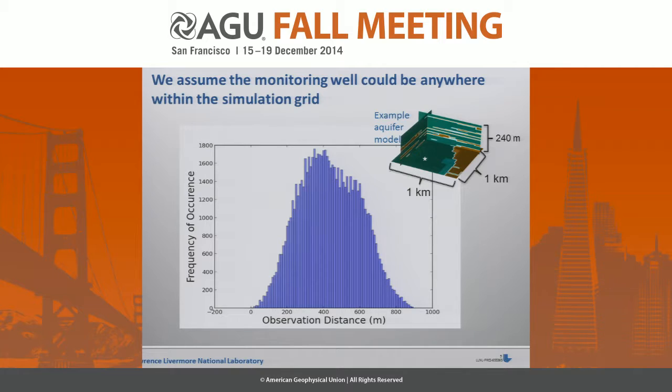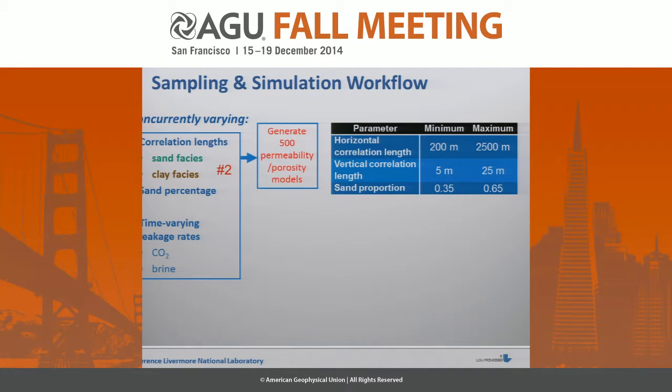Most of the monitoring wells would be 200 to 600 meters away from the actual leak. The rest of the sampling and simulation workflow looks like this, where we're concurrently varying the heterogeneity parameters and the leakage rates. We'll generate 500 subsurface models where we're changing the horizontal and vertical correlation lengths and the different proportions of the facies.